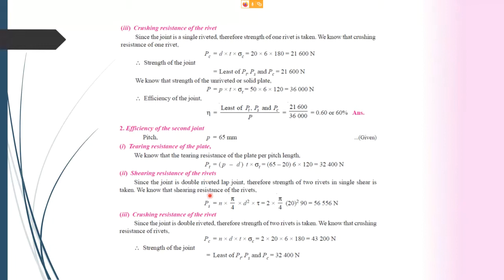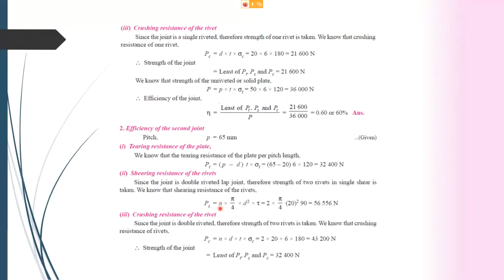For shearing resistance, the diameter is the same as the previous part, but the number of rivets becomes 2, because it involves the shearing of 2 rivets. It is not double shear, it's shearing of 2 rivets.